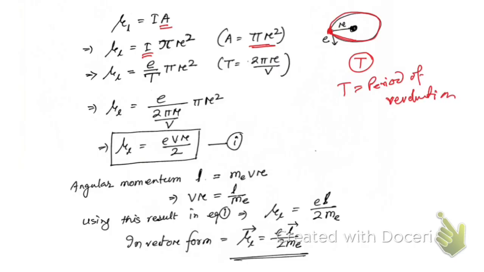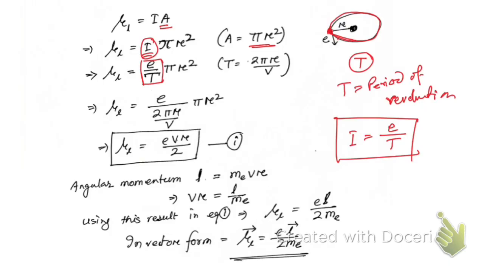Then the current is equal to charge per unit time. So that's going to be the charge of the electron e and time is T. So that's why I is replaced by e by capital T.